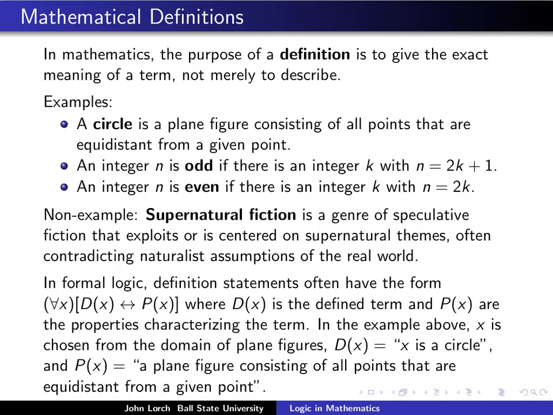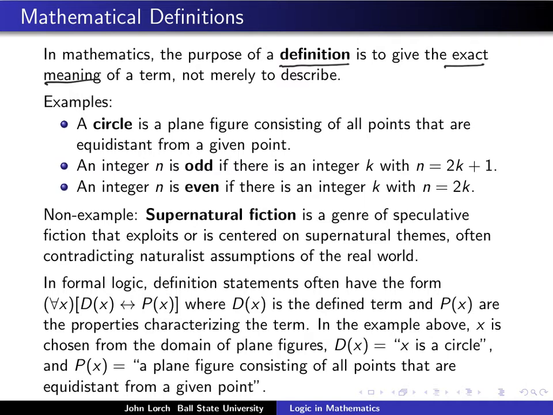So the first word we're going to talk about is definition. And the meaning of a definition in mathematics is maybe a little bit different from what it means to the rest of the world. So in math, the purpose of a definition is to give the exact meaning of a particular term. And here there are three examples that I've provided. The first one from geometry is the definition of a circle.